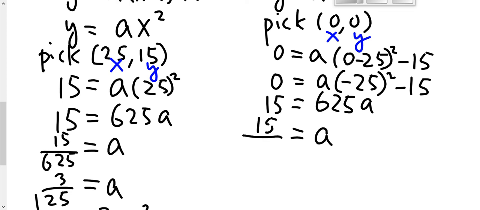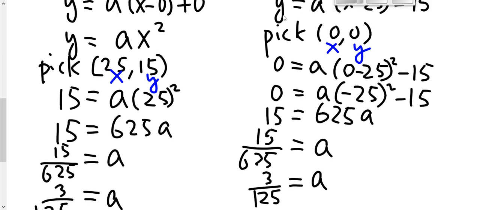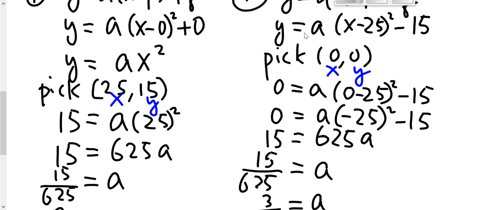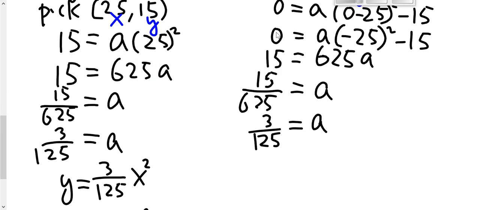Okay, so 15 over 625, and you can definitely simplify this by dividing top and bottom by 5, so that gives you a equals 3 over 125. Okay, then same thing, plug in a here. So y is equal to a, which is 3 over 125.